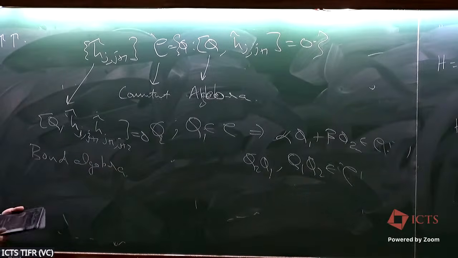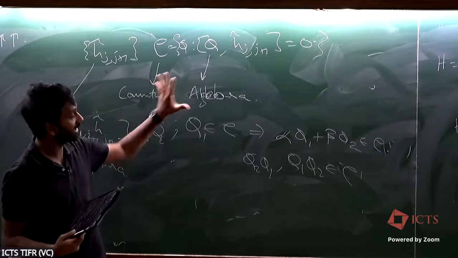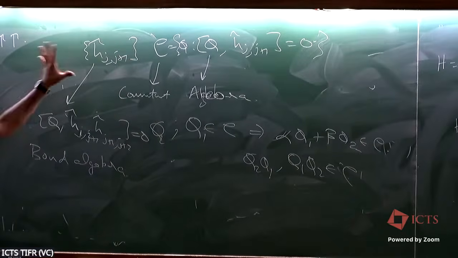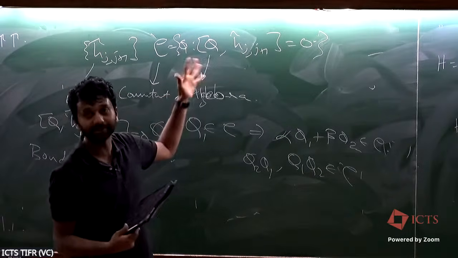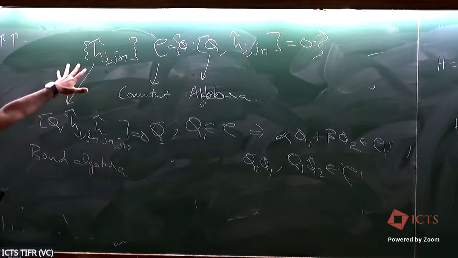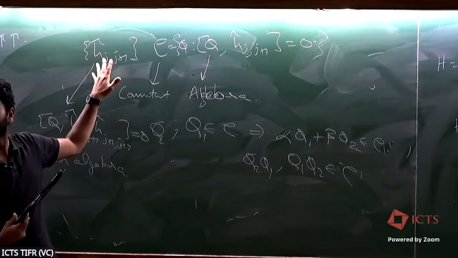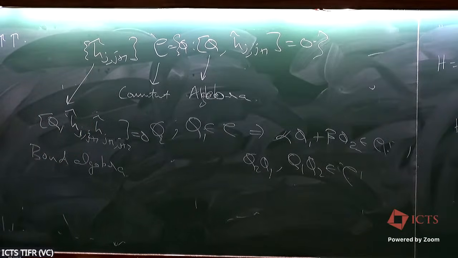And then there is an algebra of operators that commute with each of these terms, which is the commutant algebra. And it turns out that if you just start with these terms of your Hamiltonian, without any reference to how the symmetry looks, you can develop a theory of symmetries and irreps that will explain many of the phenomena.